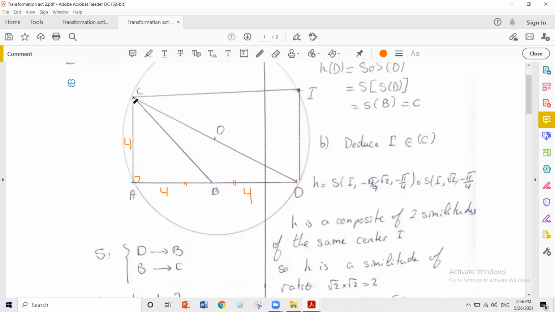So we have a right isosceles triangle ABC. D is the symmetric of A with respect to B. AB equal BD equal 4.